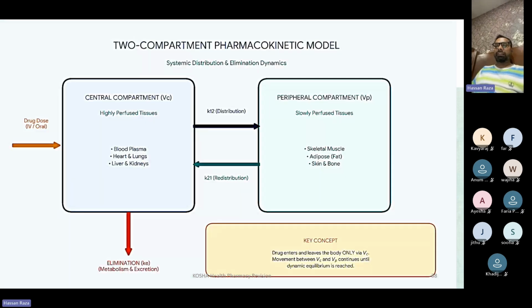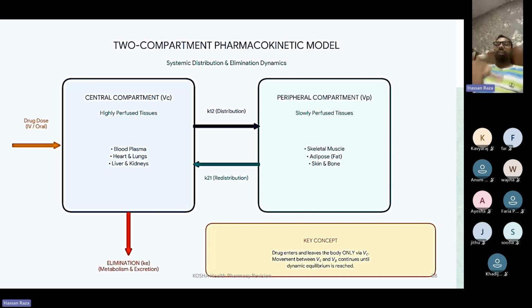So in this model, we suppose that the whole body is divided into two compartments. One is the central compartment, which is your blood, plasma, heart, and lungs, and the other is your peripheral compartment, which is your tissues, your muscles, or the site of action.